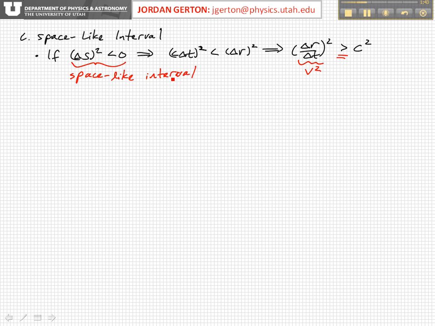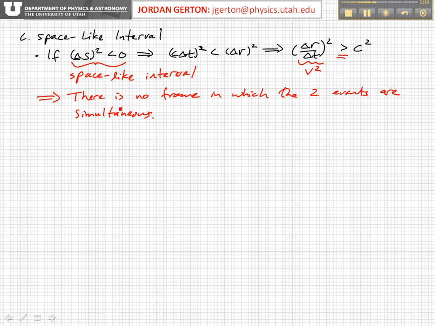Okay, and so for a space-like interval, there is no frame in which the two events are simultaneous, because again, when delta S squared is less than 0, that means that frame would have to be moving faster than the speed of light, which is not possible.